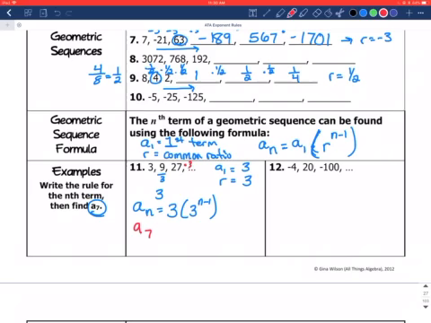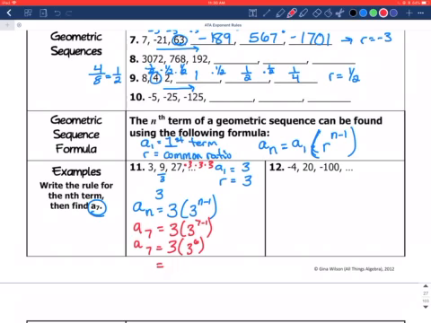So instead of multiplying out times 3, times 3, times 3, just a bunch of times, we can go straight to the answer like this and plug in 7 minus 1 up top. So that is going to be 3 times 3 to the 6th power. Let's just go ahead and multiply all of that out.